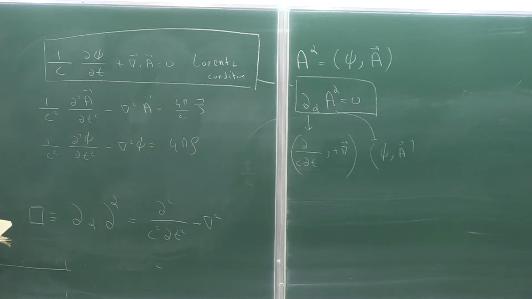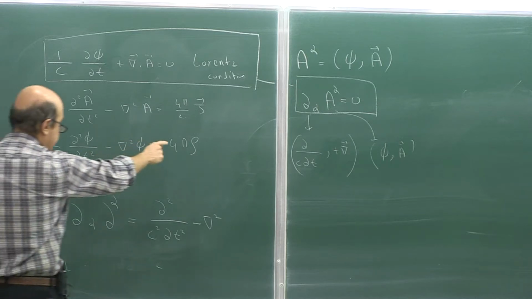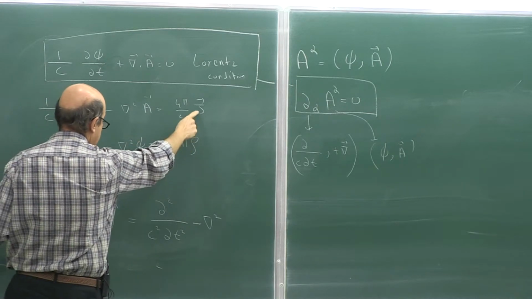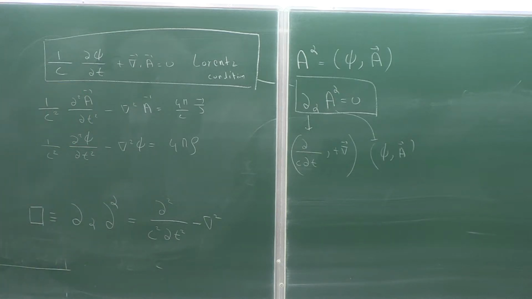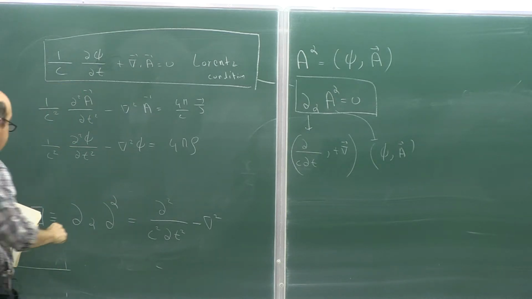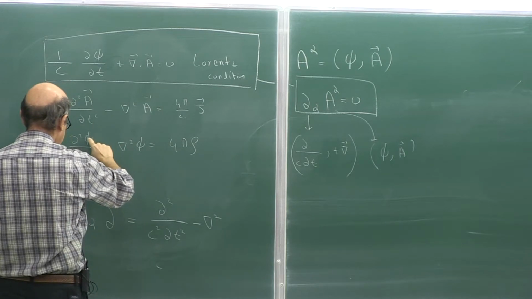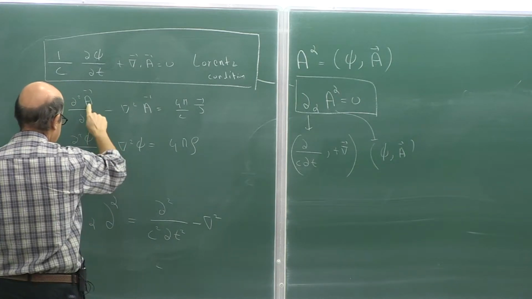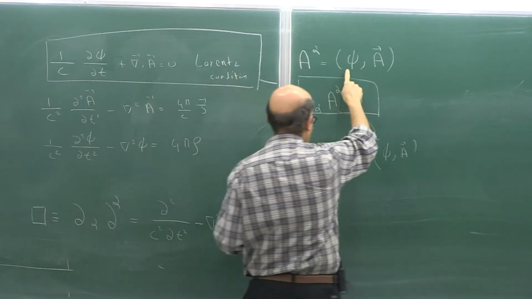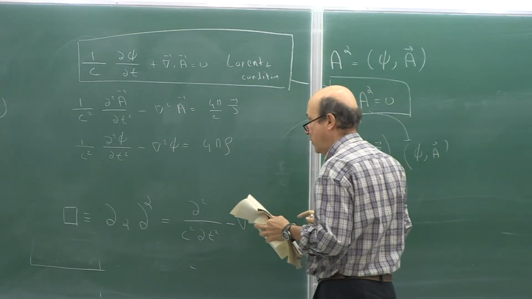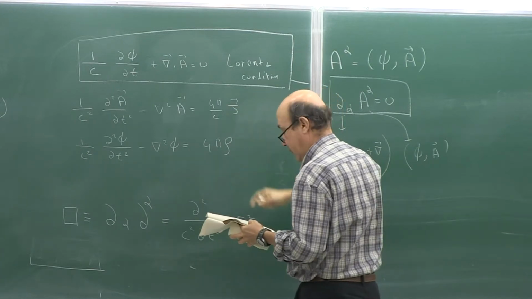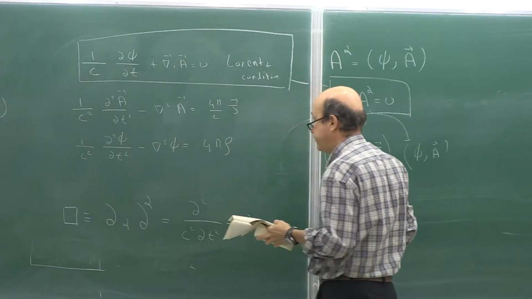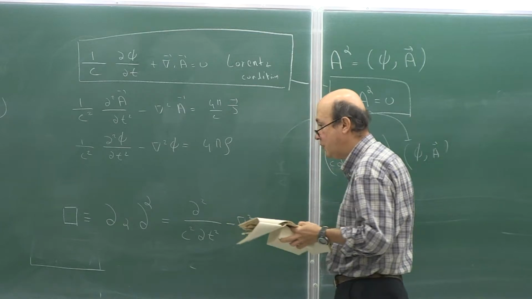And what else? On the right-hand side, we have charge density and current density. Charge density and current density form the 4-current density. And the scalar potential and vector potential form another 4-vector potential. So you can write this set of inhomogeneous wave equations.